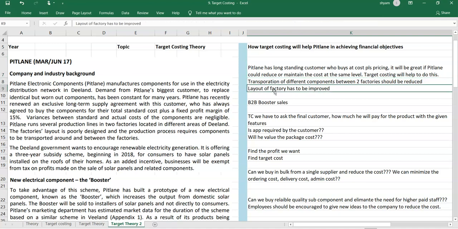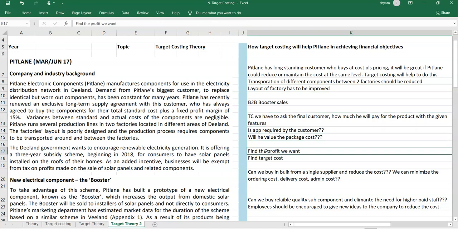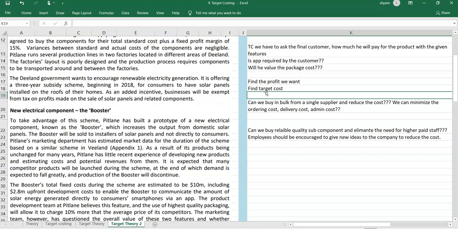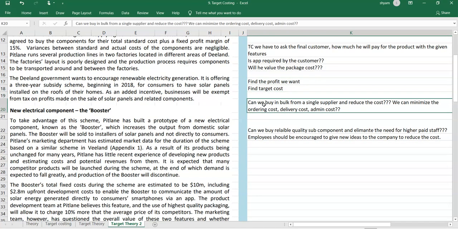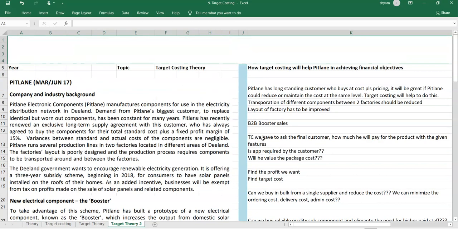Transportation has to be improved, layout has to be improved, and final customer, we have to ask them, is the app required, is packaging adding value, and what should be our target profit and cost, and can we move to a single supplier, and will it reduce the delivering, ordering, and admin cost, and can we improve the subcomponent quality, and can we encourage our employees to give fresh ideas. So this will give you the total number of points for this kind of question.